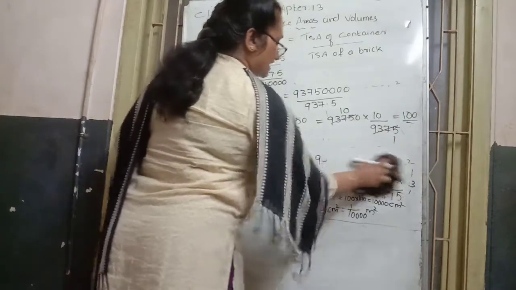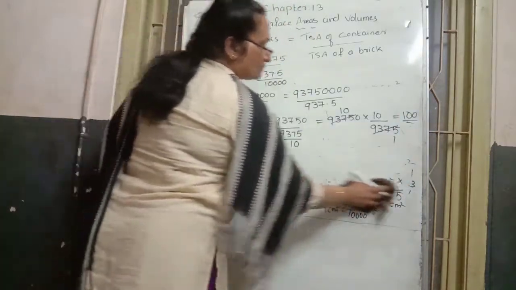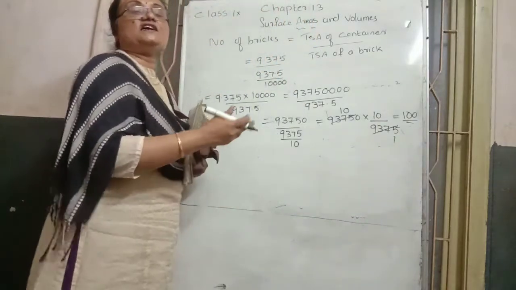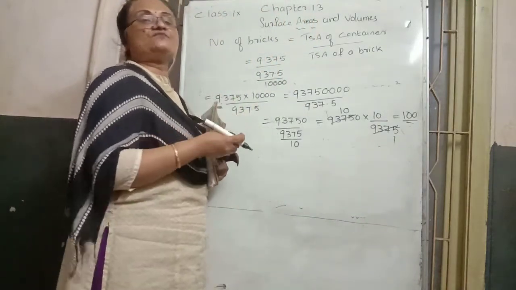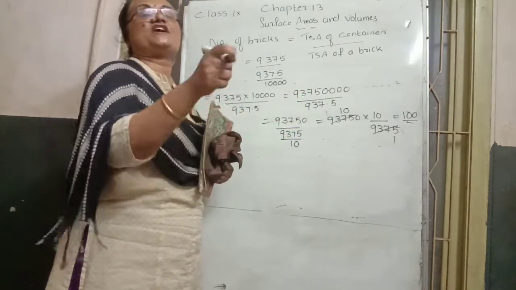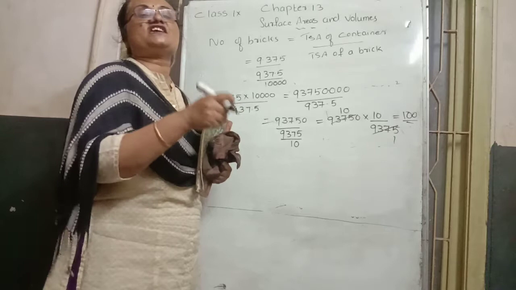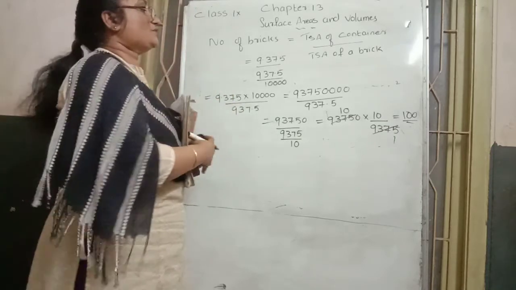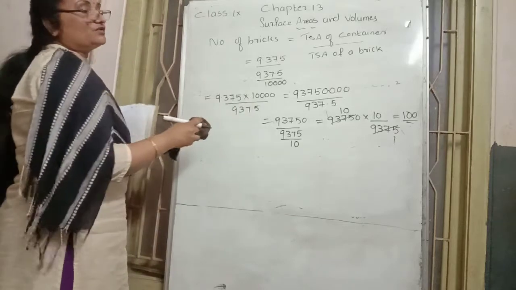So what is the meaning? How many bricks can we paint with the help of that container of paint? 100 bricks we can paint using the container paint. That is the meaning of that question. I hope you can understand how to calculate this one.